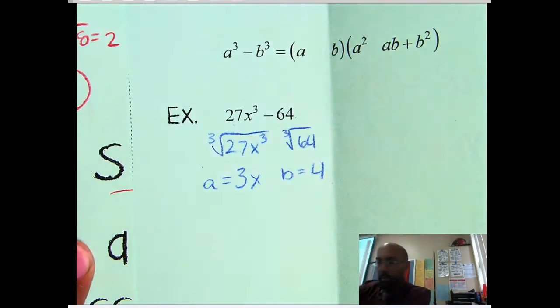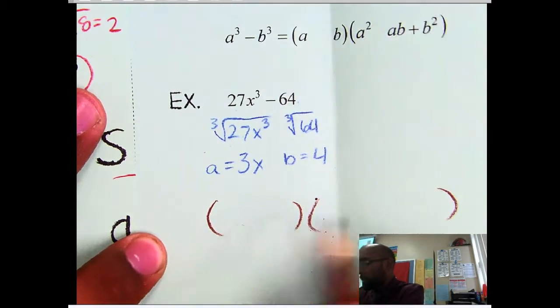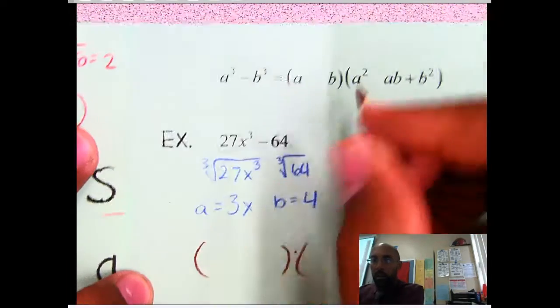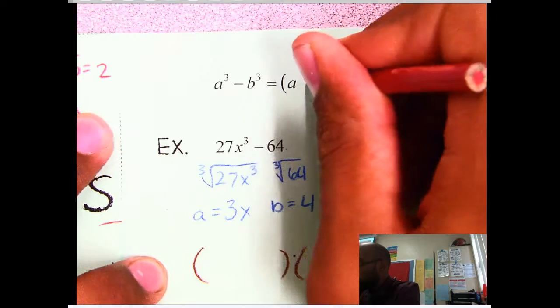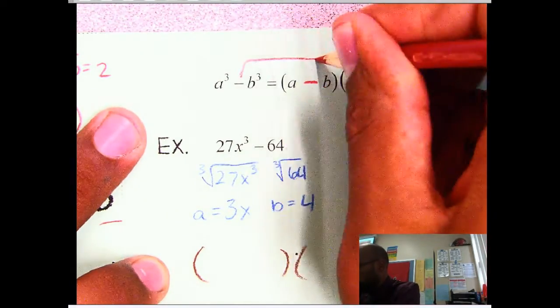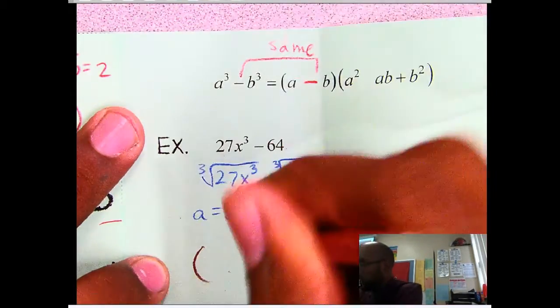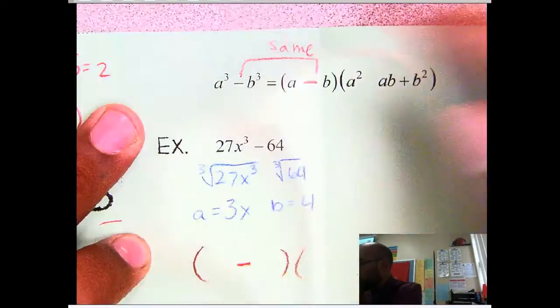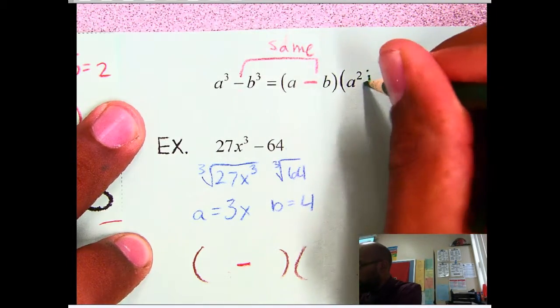Now the steps are very similar. You're going to have a binomial and then a trinomial. The difference here is, remember I told you the first sign is always the same. So if that's minus here, then that's minus here. Those will always be the same. So I'll have minus here. But then the second sign here is always different.